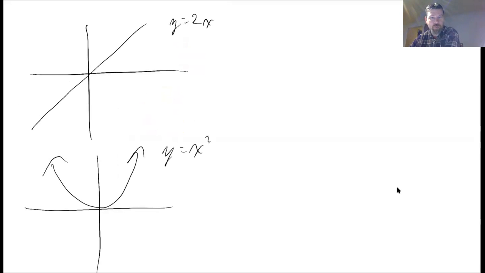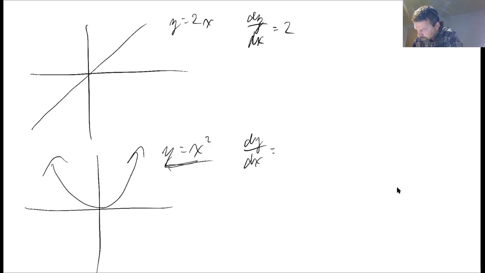Okay, so here I've got 2 graphs, y equals 2x, which again we know dy dx is just going to be 2 because the slope of 2x is a slope of 2 everywhere. It doesn't matter where you go. And this one, y equals x squared, we worked out in the other video again that dy dx in this case would be 2x. So the slope depends on what the value of x is at that time.